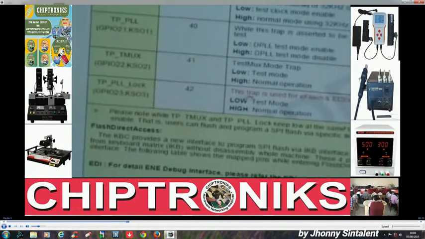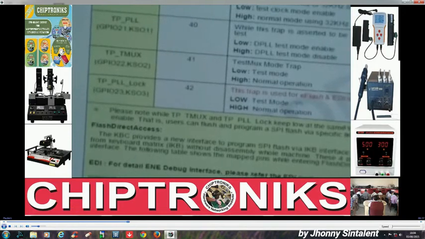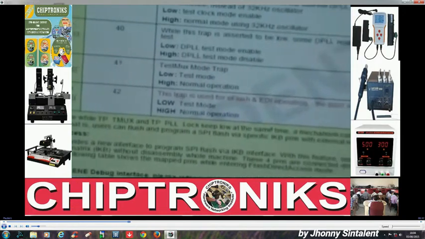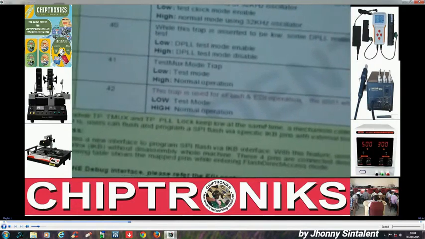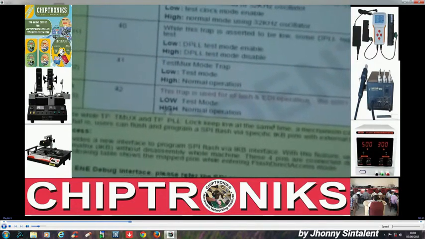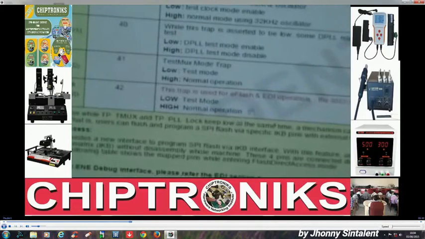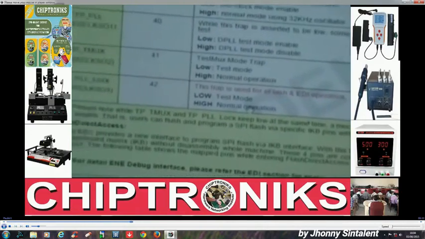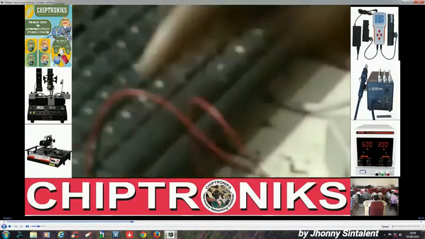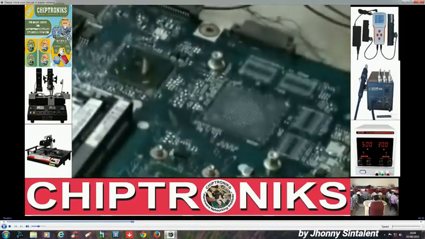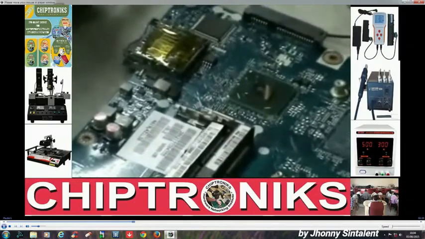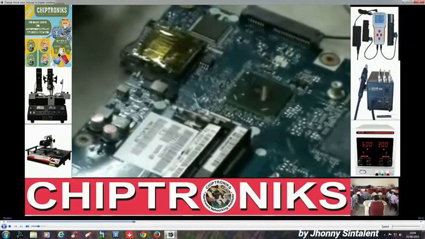You can see it's written, this trap is used for E-flash and EDI operation. And if we keep this pin low, meaning ground, then it will be in test mode. That is, if we ground pin number 42 of this IO controller, then this IO controller will imagine that I am in a test mode, and this is our requirement.